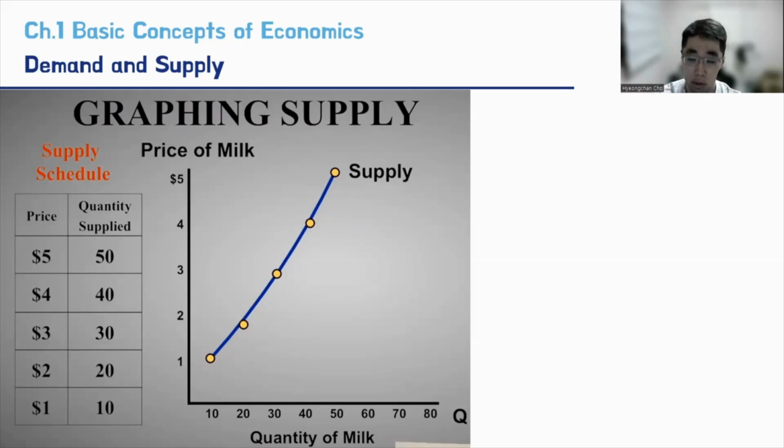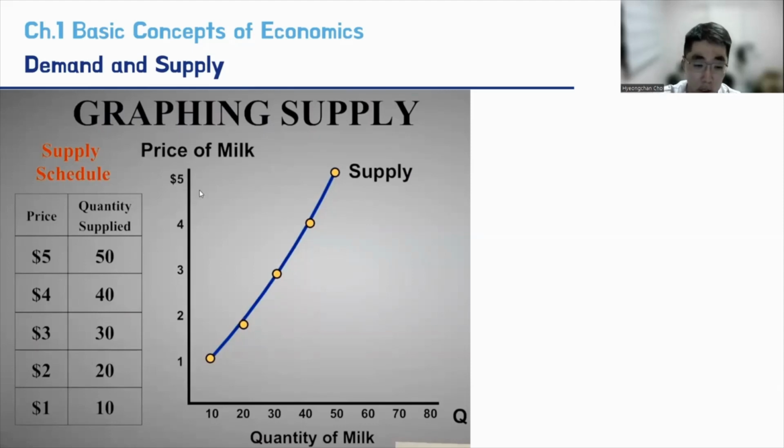So in this concept, we can say that when the price is going up, the sellers want to produce more, which means the quantity supplied is higher when the price is higher.